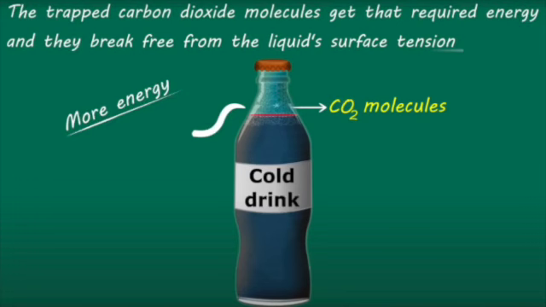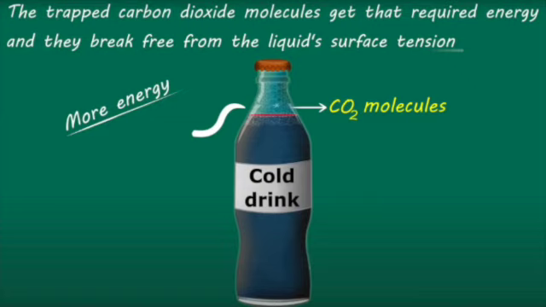Let's explore why the soda explodes when we open the bottle after shaking it. When we shake a soda can, small bubbles form inside the liquid. These bubbles act as a site where the dissolved CO2 can be collected and escape as a gas. Shaking the bottle also breaks the surface tension, making it easier for the CO2 molecules to rise to the top of the bottle.